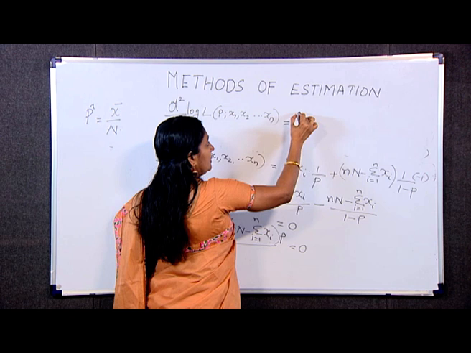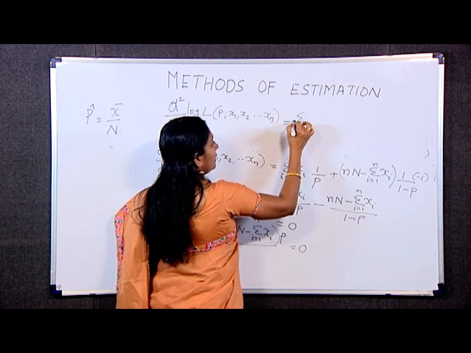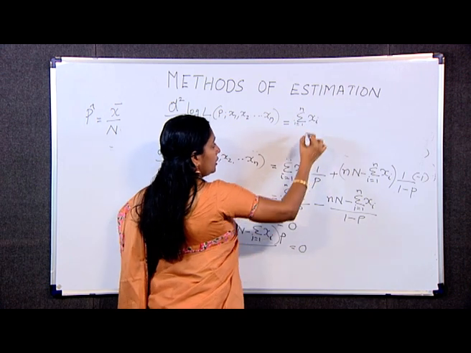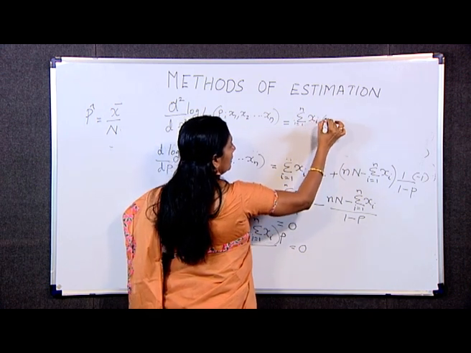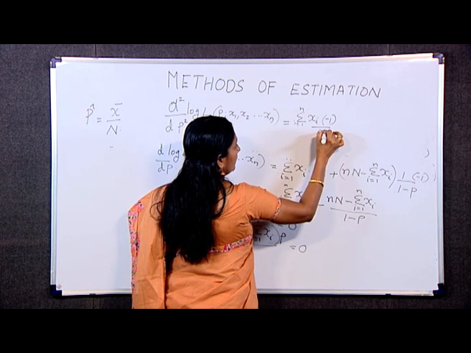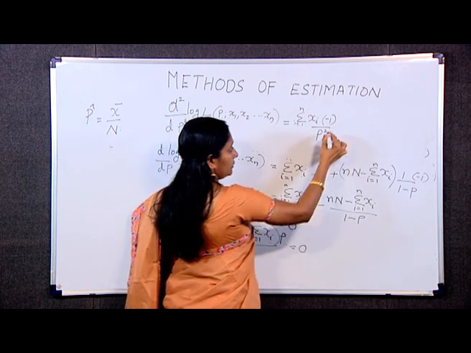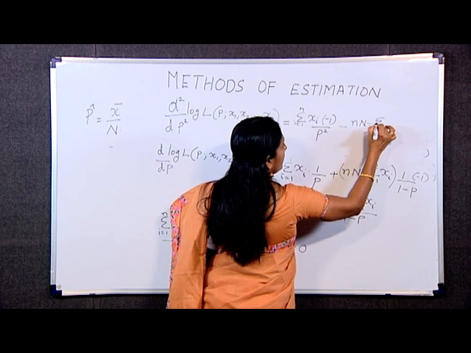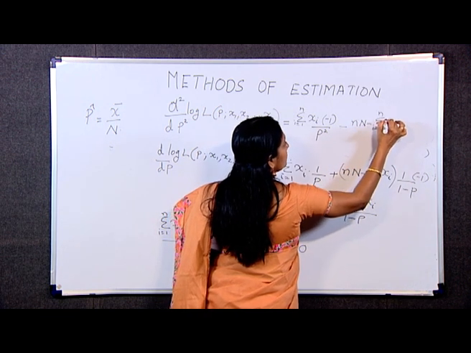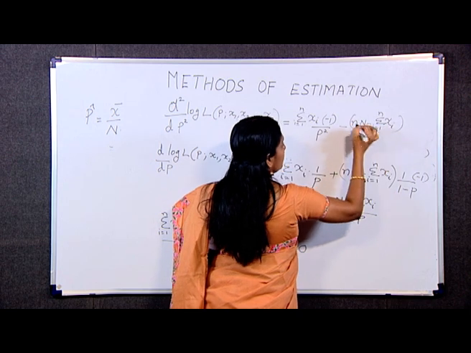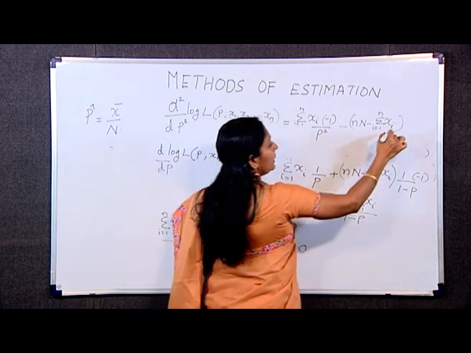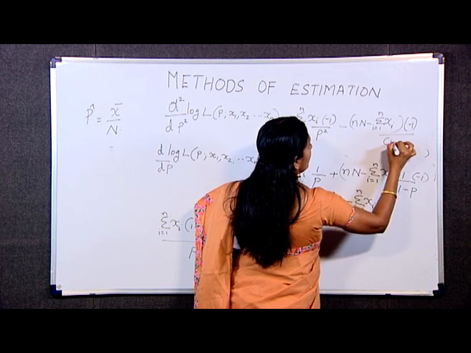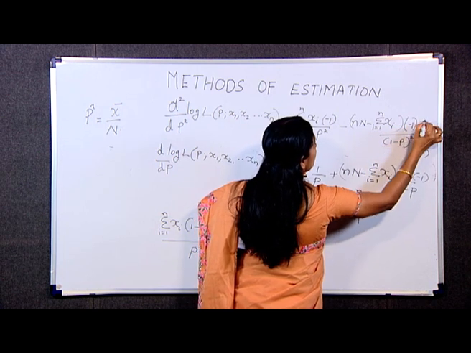This is equal to, taking the second derivative, summation i is equal to 1 to n x i into minus 1 by p square, derivative of this one, minus n minus summation i is equal to 1 to n x i into derivative of 1 by 1 minus p, it is minus 1 by 1 minus p square into minus 1.